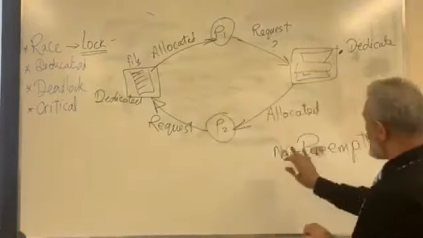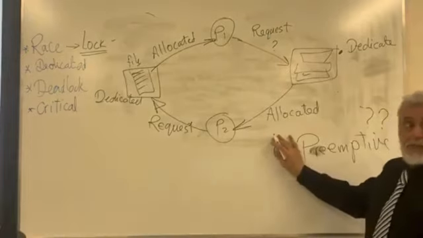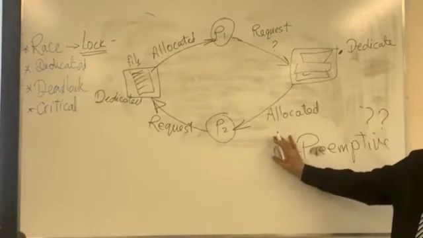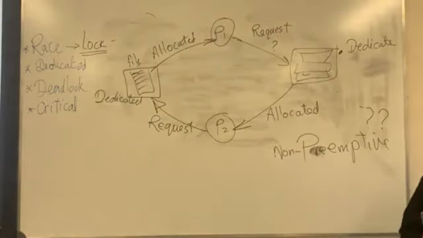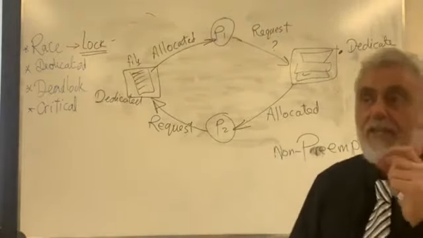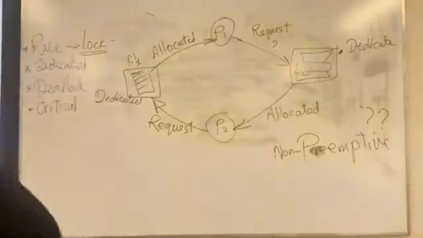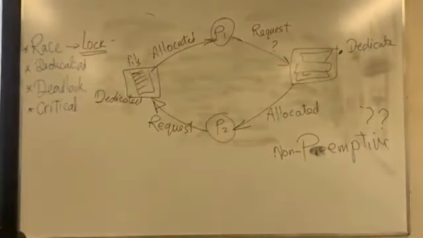Well, it depends. If we are running a preemptive system, yes, we will stop it. We'll take the resource from it and give it to the one with the higher priority. But if it's non-preemptive, we say no. Once we give the resource, we do not interrupt any process until they finish with the resource.